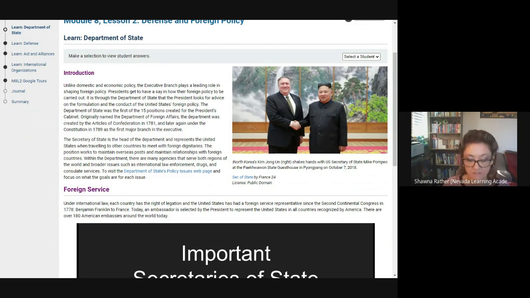Whatever the president wants, the Secretary of State follows through with it, if you will. Presidents have a say in how their foreign policy will be carried out. The Secretary of State gives advice, as do other positions within the cabinet. But really, the Secretary of State is like the president's go-to when we're talking foreign policy with other nations.